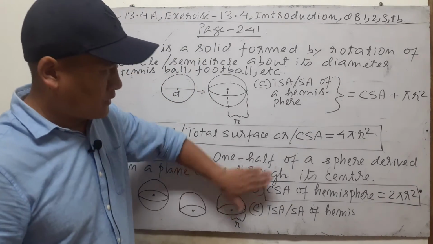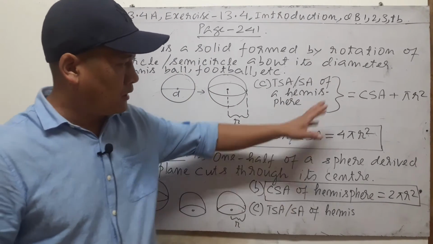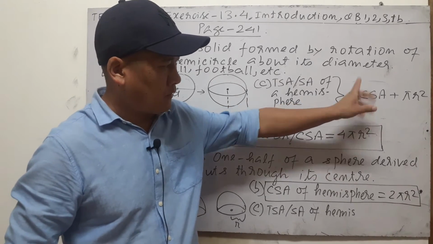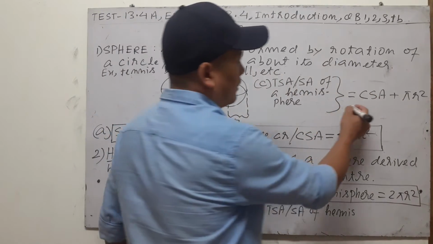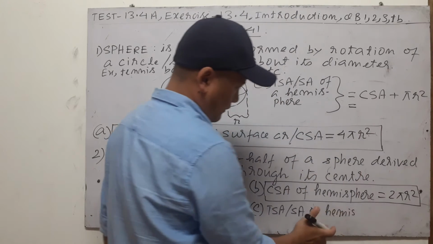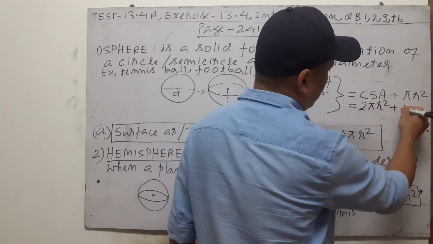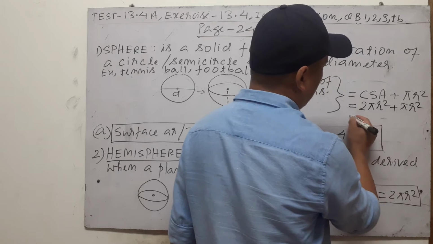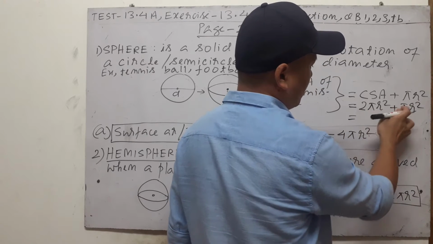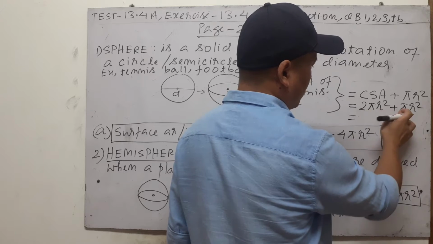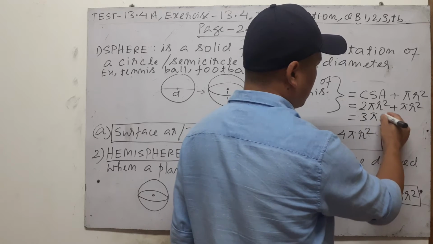When you add that flat to the curved surface, that is the total. We already derived the curved surface formula, 2 pi r square, so you put there 2 pi r square plus pi r square, which is 2 plus 1, 3 pi r square.